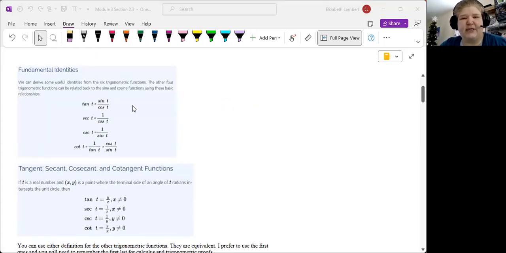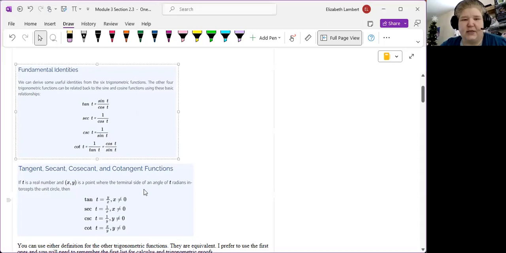All right, so I had to dig around in this section, but there's two different ways the book defines these four functions. So the first one is the one that you need to be more familiar with. Tangent is sine over cosine.